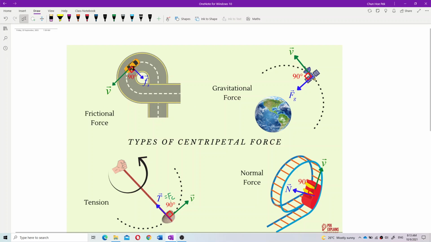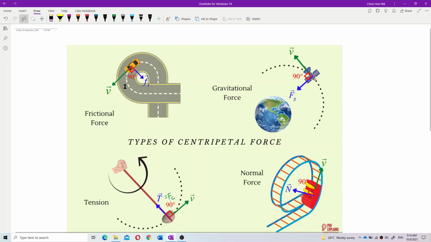The frictional force. For example, a car moving in a circular motion. Let's say this is a roundabout, and you want to make a turn, say 270 degrees.